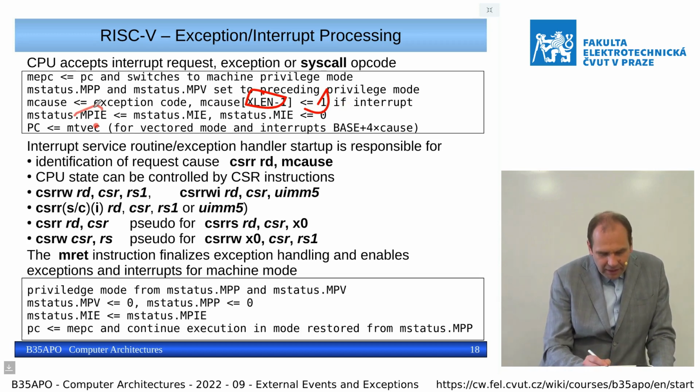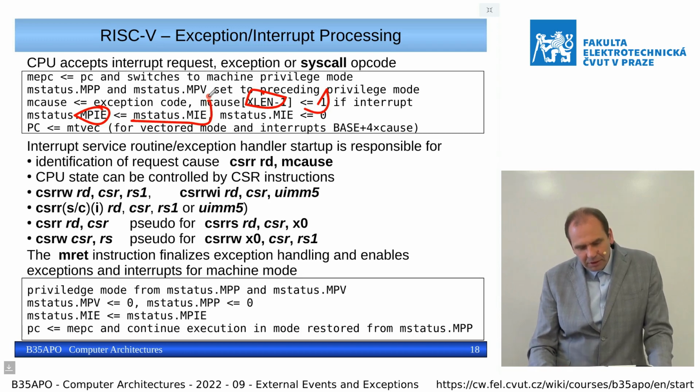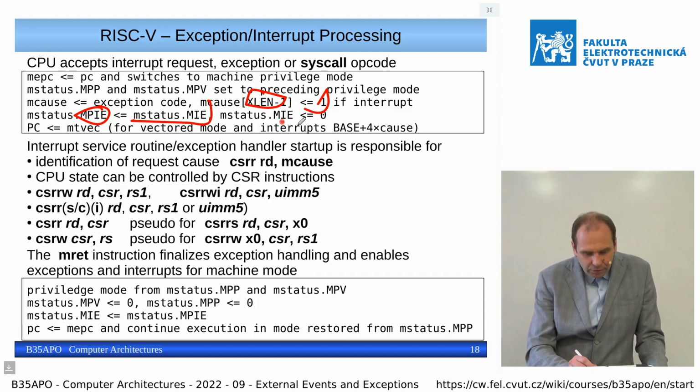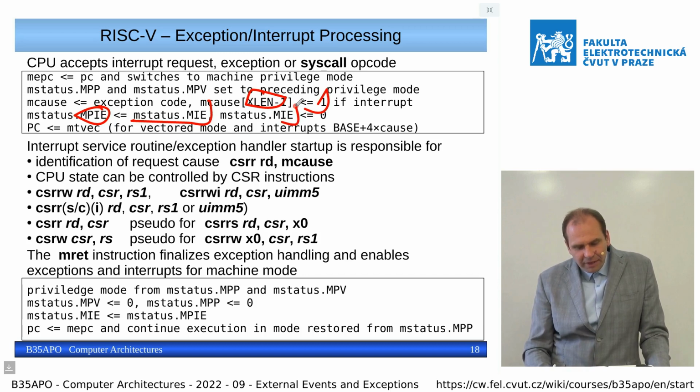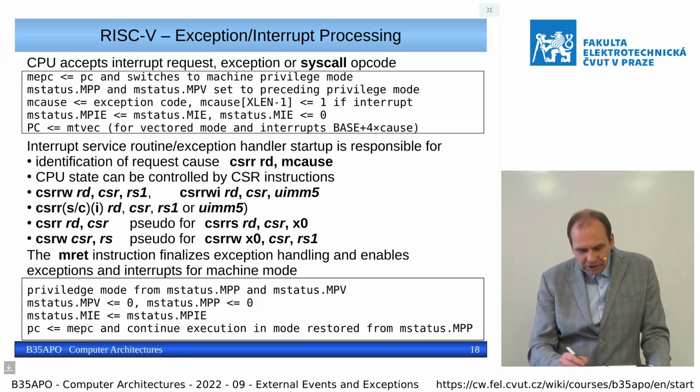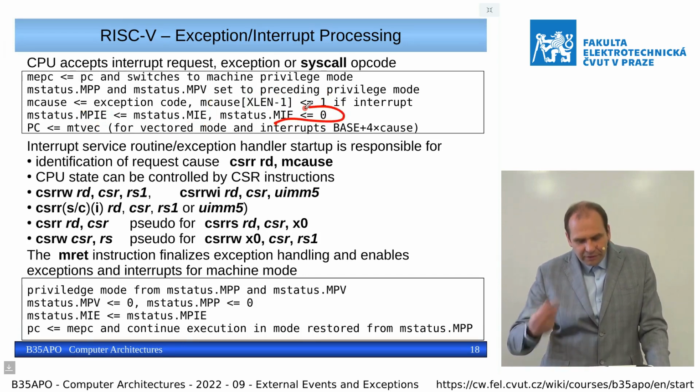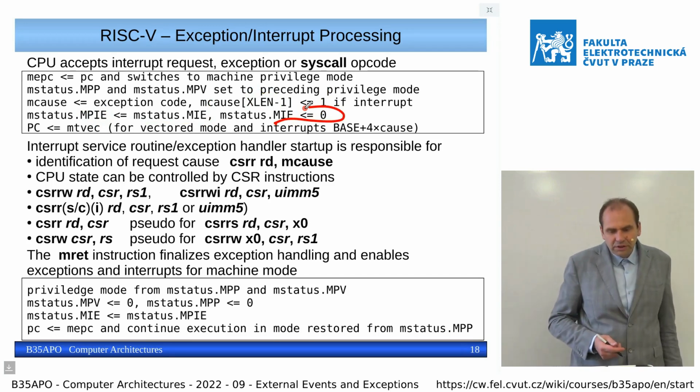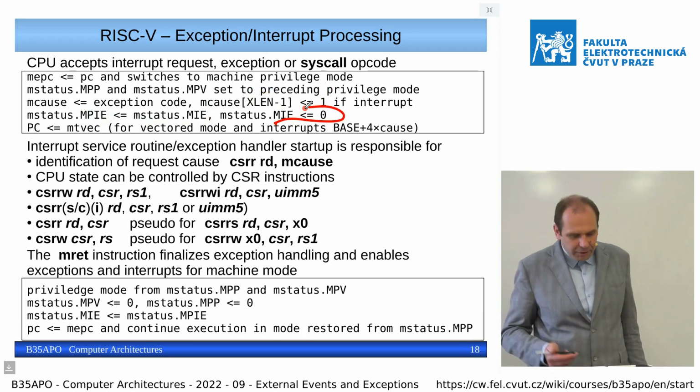Previous interrupt enable is set from the actual machine interrupt enable, and machine status interrupt enable is set to 0. So this prevents infinite recursion of the interrupt processing.